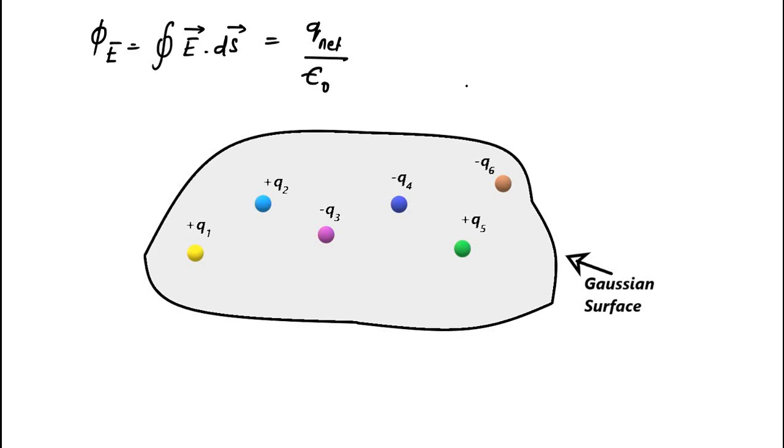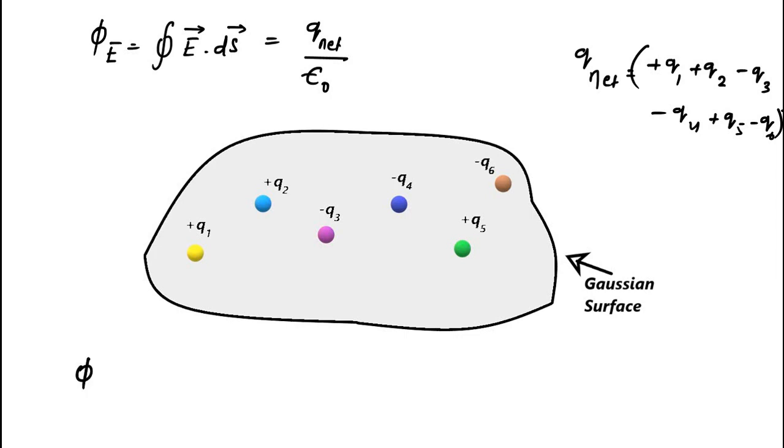This Q net, the net charge enclosed by this closed Gaussian surface, is equal to plus q1 plus q2 minus q3 minus q4 plus q5 minus q6. This is the net charge enclosed by the Gaussian surface.